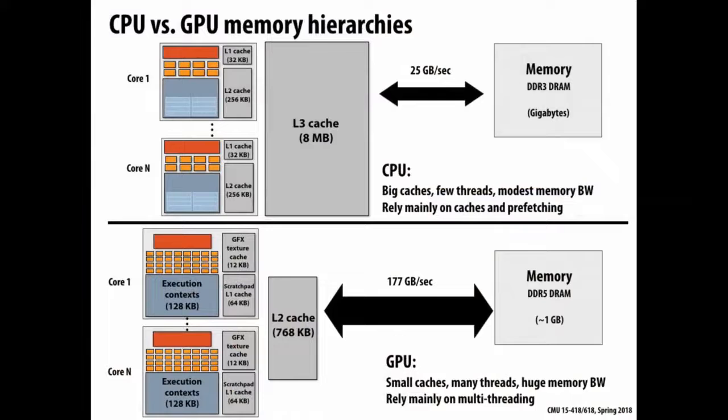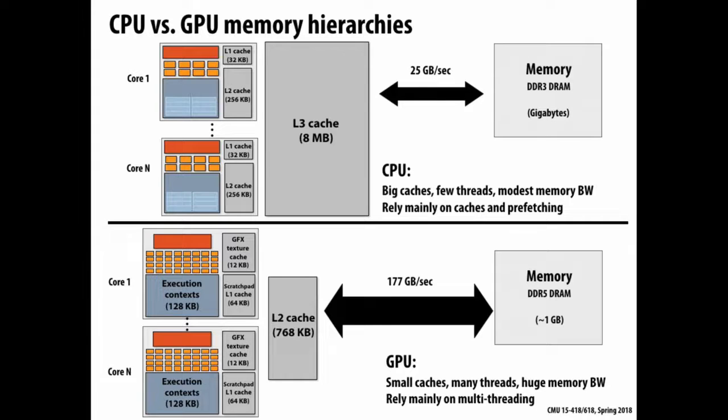The other thing you'll find is that the memory system is tuned to provide very high throughput and rely on relatively smaller caches. And even the main memory can't be as big. These numbers have all increased in the last few years. But again, the engineering optimization they've made is to maximize throughput.